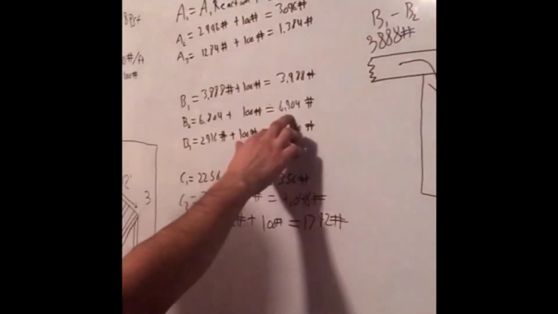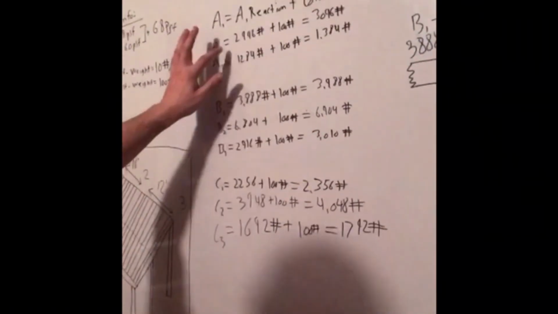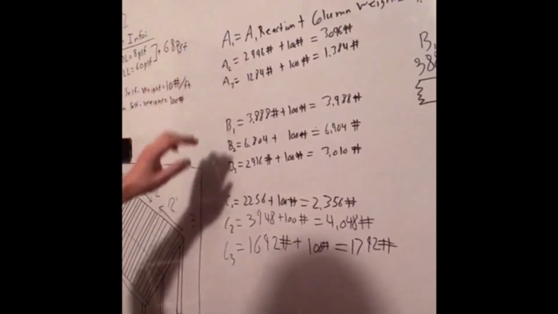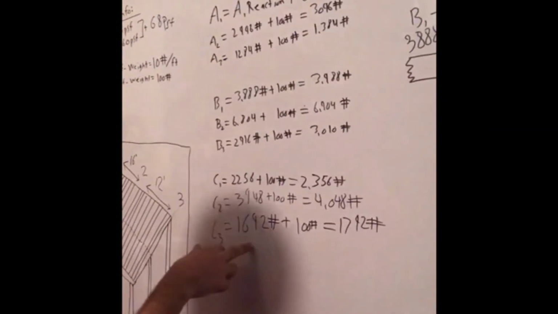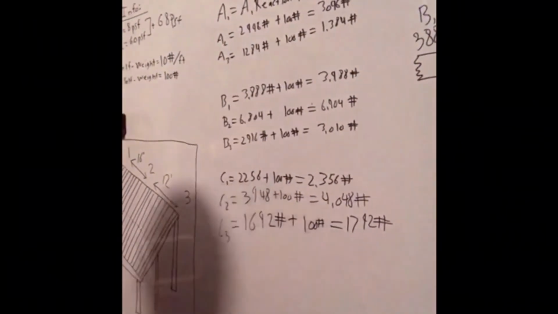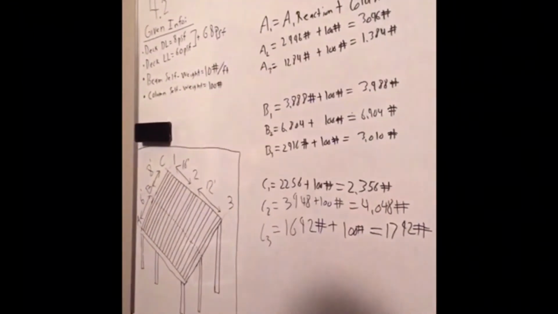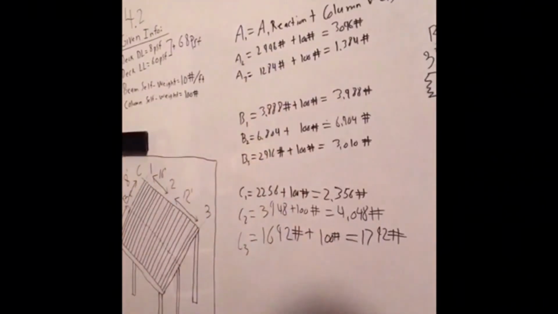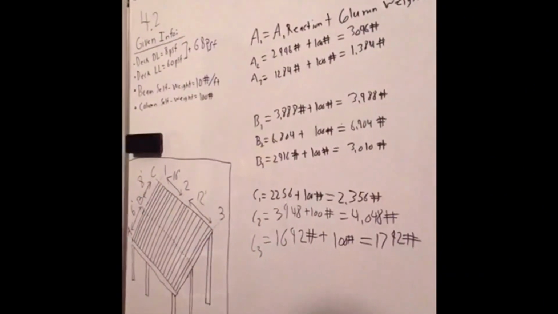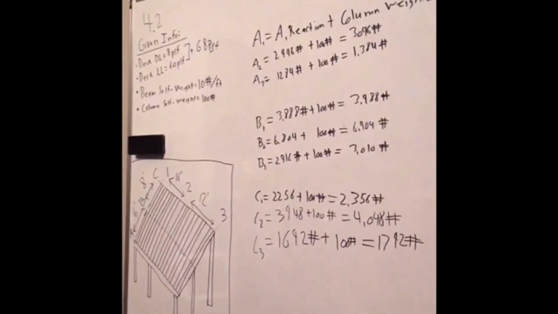You get 6,904. And it's the same exact scenario with A2 and C2 as well. Just be sure to add both of the initial reactions, and then be sure to add in your 100 pounds for the column self-weight. And once you do that, these are the answers you're going to have here, and that is going to represent the reactions for each of the 9 columns supporting that structure.